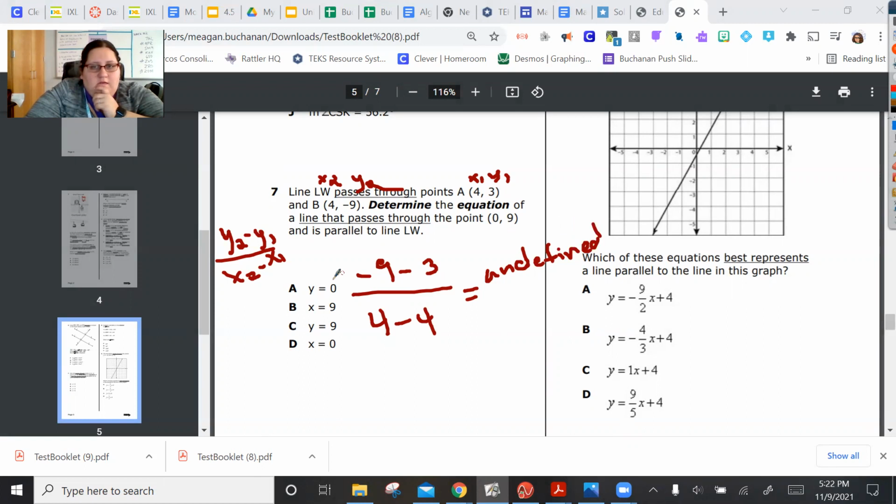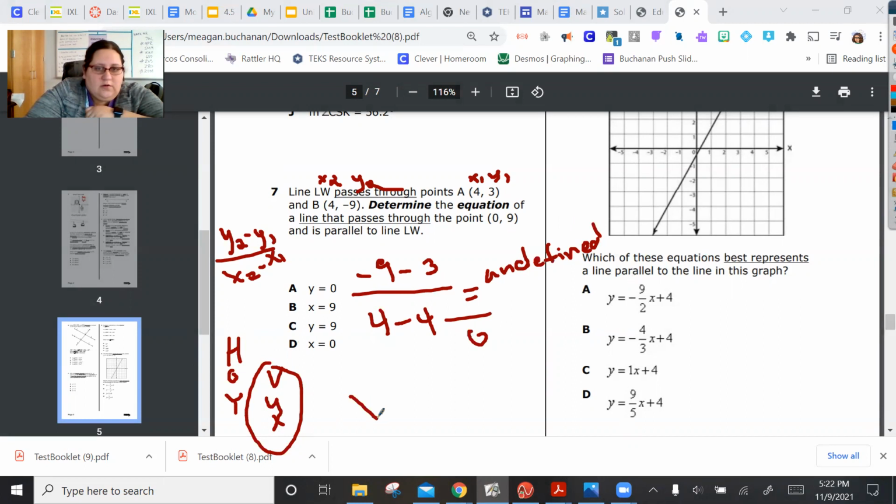Okay, so this is undefined. The reason this is undefined is because I can't divide by 0, and 4 minus 4 is going to be 0. So undefined, vertical line, undefined, x equals. So we're going to have x equals our x value, and our x value is 0. So we're going to have d.